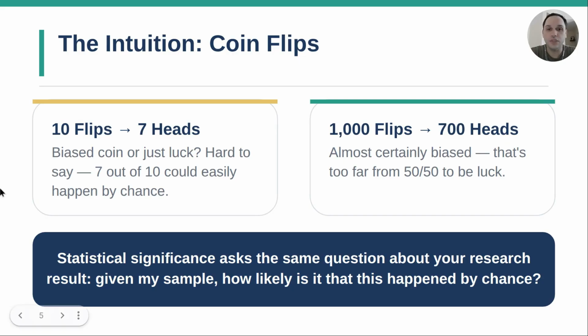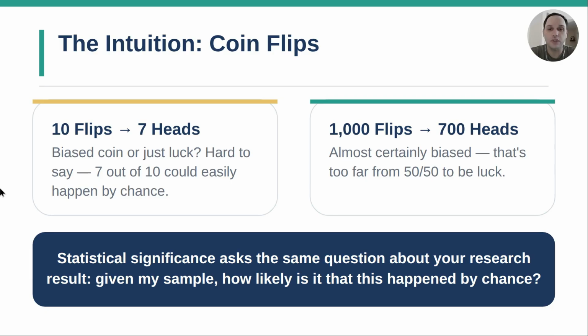Here's the intuition that makes this click. Imagine you flip a coin 10 times and get 7 heads. Is this a biased coin or just luck? It's really hard to say. Getting 7 out of 10 heads is unusual, but it's not that unusual. It could easily happen by chance with a perfectly fair coin. But now imagine you flip the same coin 1,000 times and you get 700 heads.